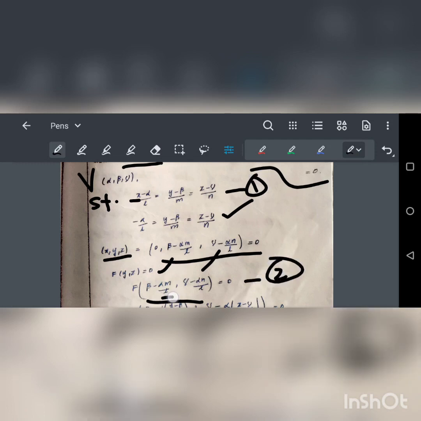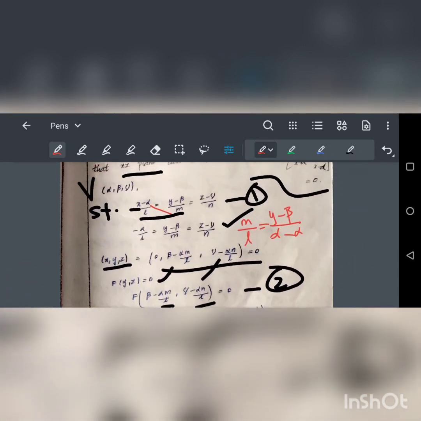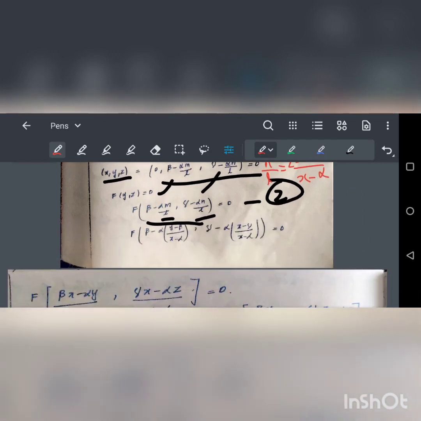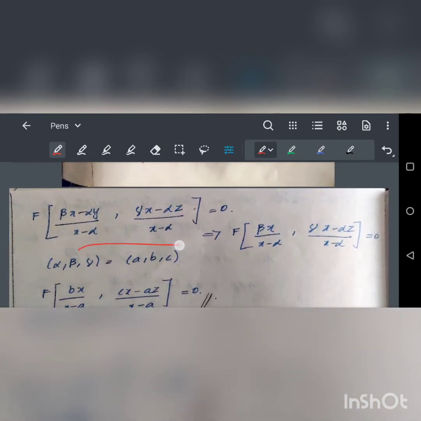As usual we have M by L and N by L. Collect these two: the value of M by L will be equal to, interchanging these two, y minus beta divided by x minus alpha. Similarly for N by L, N divided by L will be equal to z minus gamma divided by x minus alpha. Just replace it here and I will get this one.